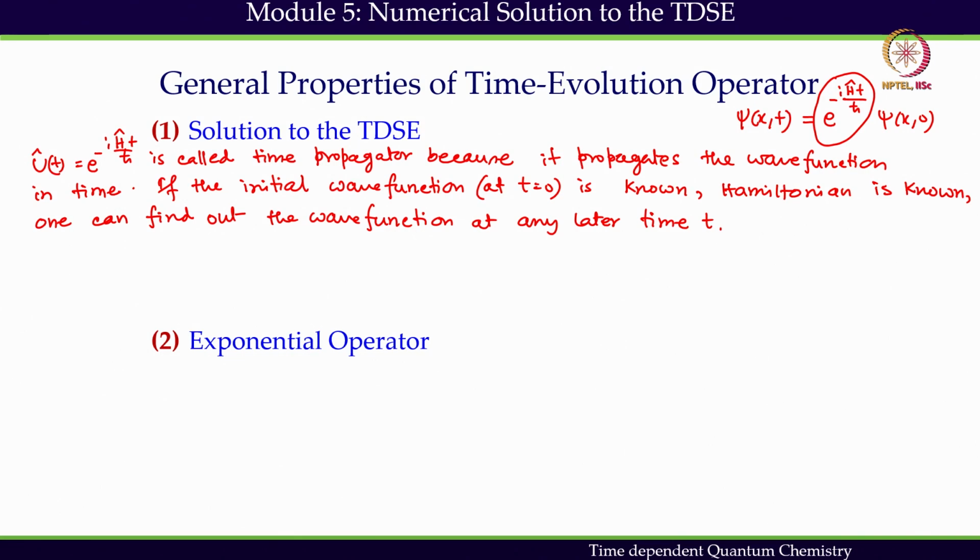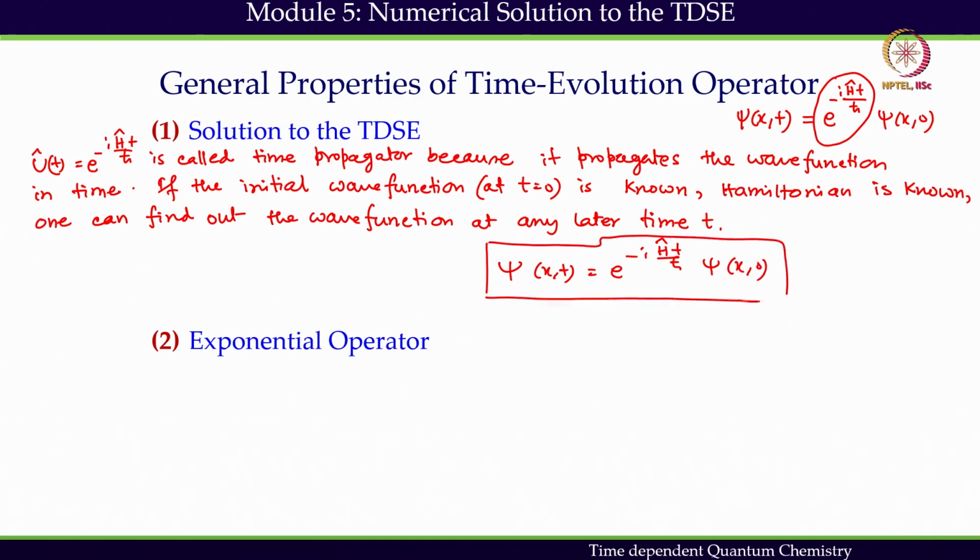This is an exponential operator, and we have already seen in the previous module, module 4, that this equation psi(x,t) equals e to the power minus iHt by h-bar psi(x,0) comes as a solution to the TDSE.